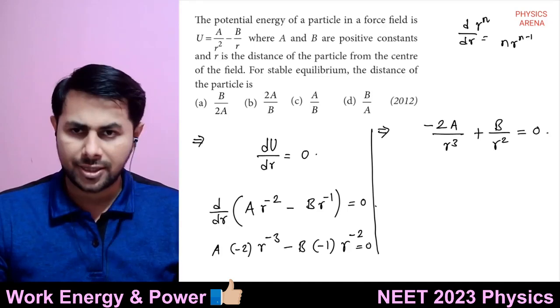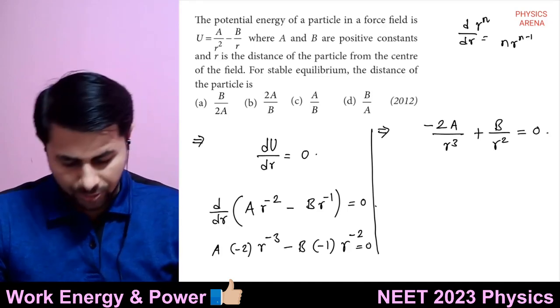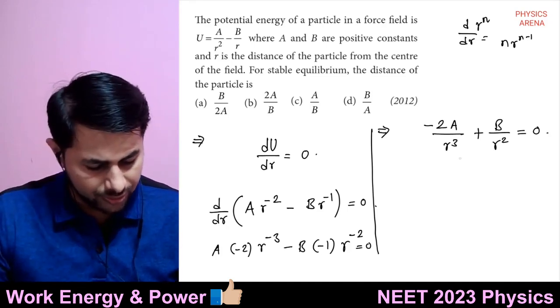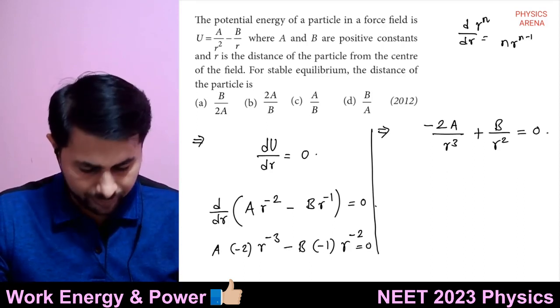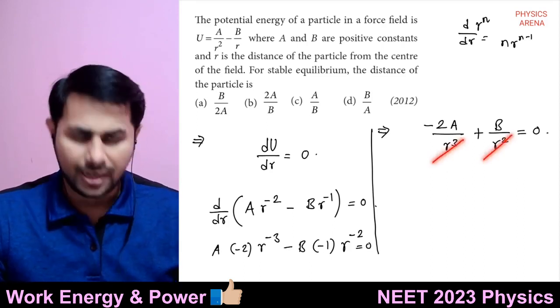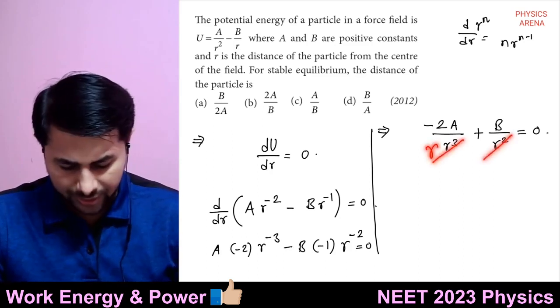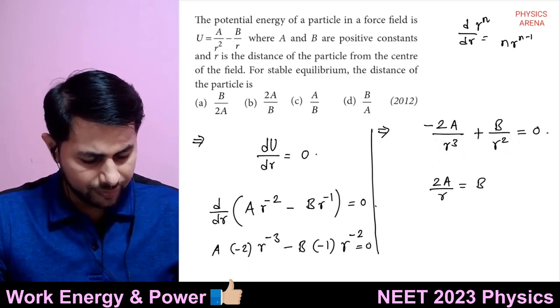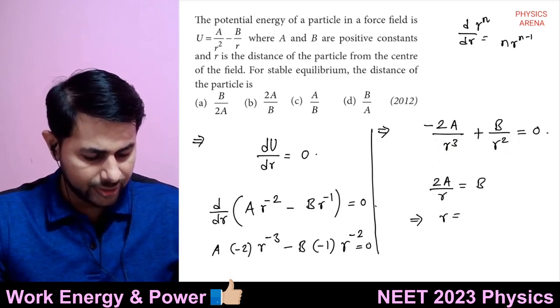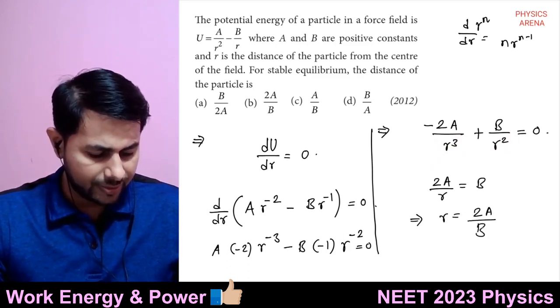You can take r raised to 2 common, divide both of these terms by r raised to 2, and take that 2a to the other side: 2a upon r equals b, or r equals 2a divided by b.